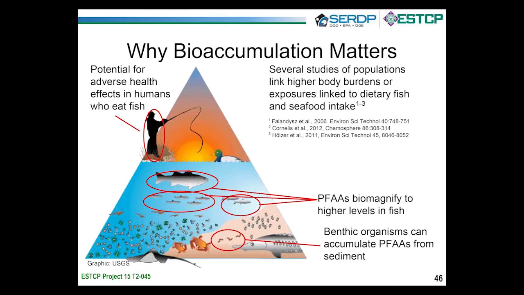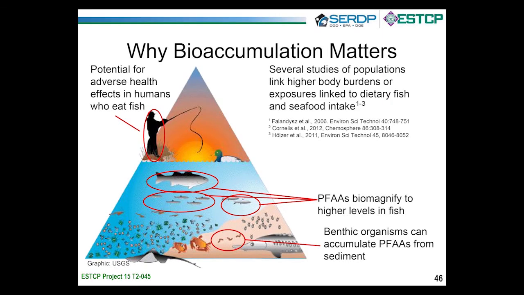So bioaccumulation is important from a risk assessment and risk management standpoint because if you have animals at the base of the food chain, like benthic organisms, such as invertebrates like worms in aquatic systems, they can accumulate levels of acids that are, again, persistent.